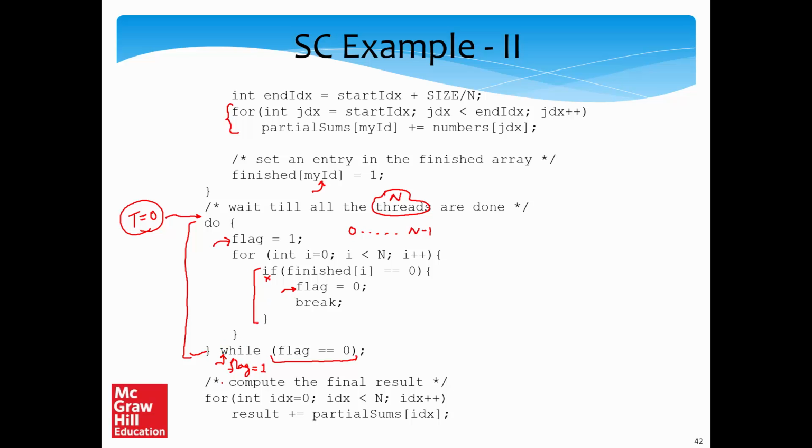So we will exit the while loop, which means at this point, all the parallel threads have died, right? At this point, you are sure that all the partial sums are computed, and all the parallel threads are dead, and we just need to add the partial sums. Recall that we didn't have any necessity of actually having this piece of code in a machine with OpenMP. But here, since you're not using any library, we need to write it.